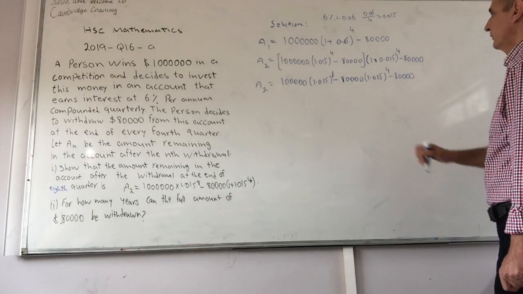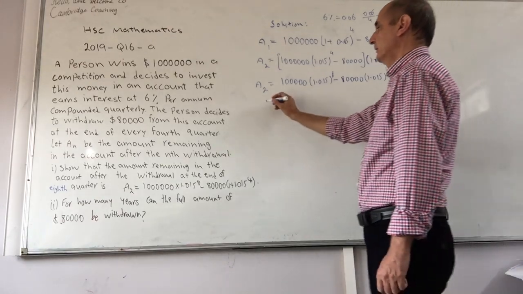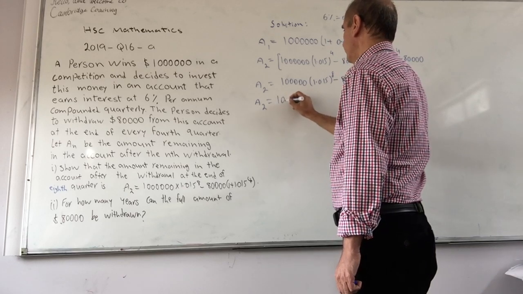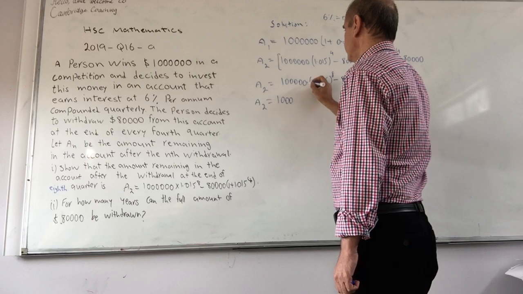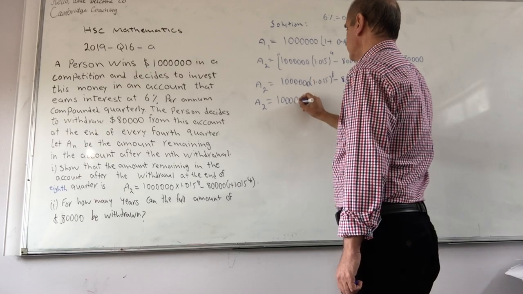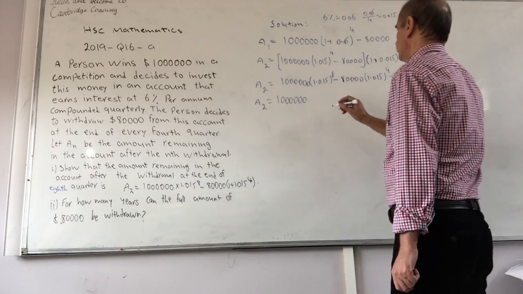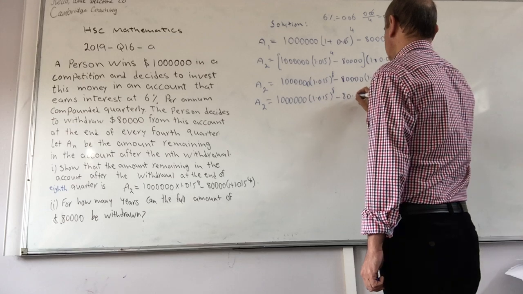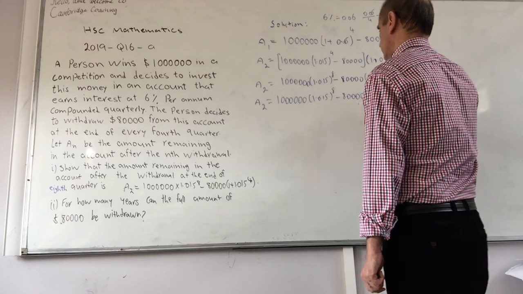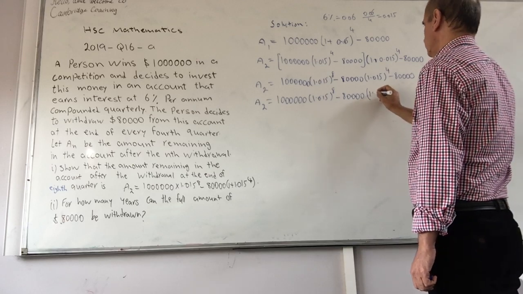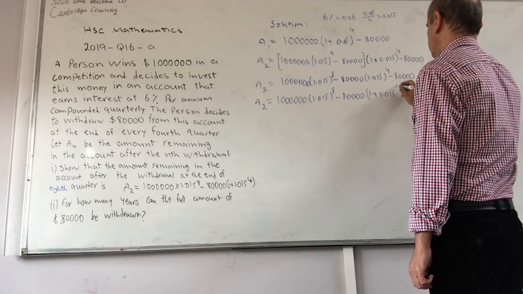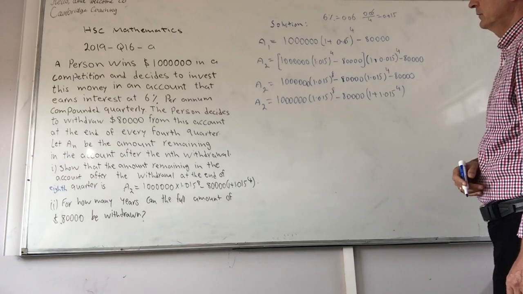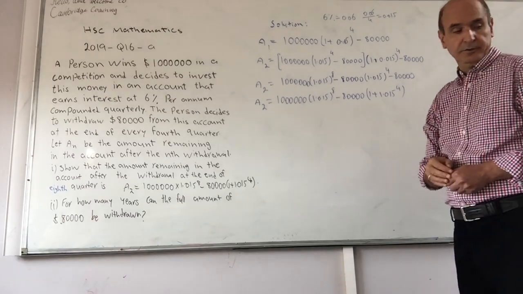And if we factorize 80,000, we get the expression that they asked for, as required. That is part I.